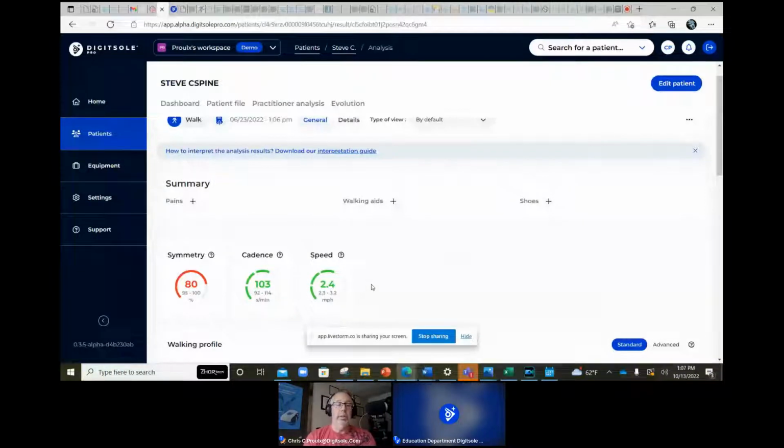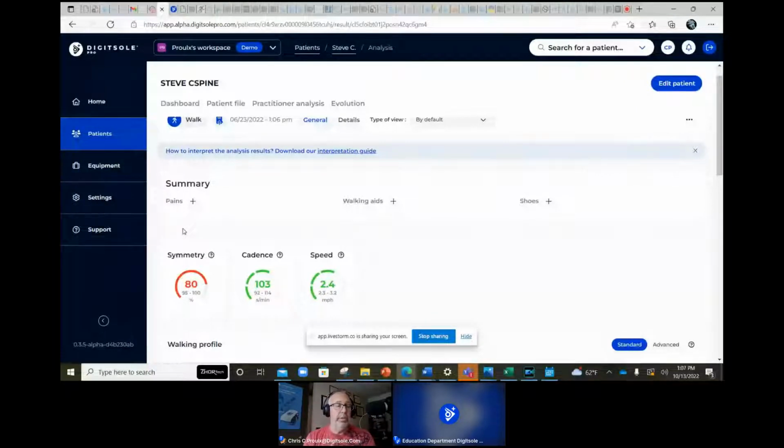So the symmetry characteristic is based on contact time, right? So the amount of time that the patient spends with their foot in stance phase as they're going through the walking cycle. And so what we see here is it's in the red. These colors designate if it is outside of the normative range, inside the normative range, or near the end of the normative range.